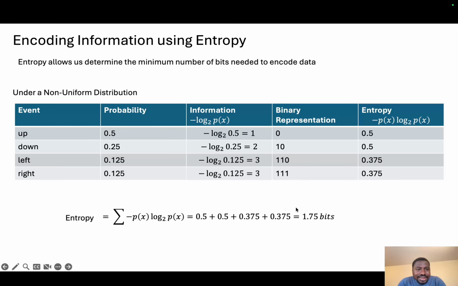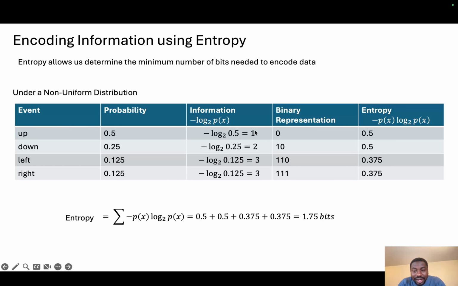The interesting thing is if you know that the distribution is non-uniform and some events are more likely than the others. For example, up is sent 50% of the time, and down is sent 25% of the time, and we have lower values for left or right commands. You can exactly compute the optimal prefix code needed to communicate this, to encode this, by simply measuring the information content.